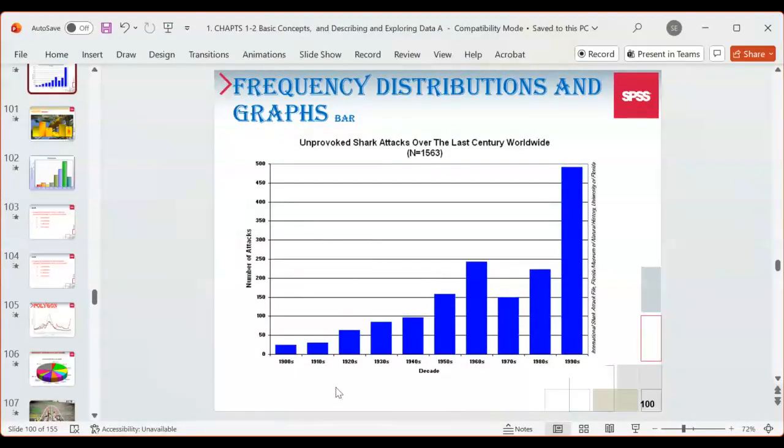Let's say you're a marine biologist, and you notice that from 1900 to almost the 1990s, the number of shark attacks increased. You want to know what happened and why. That little graph will explain all that. So that's the purpose of using these charts and graphs.